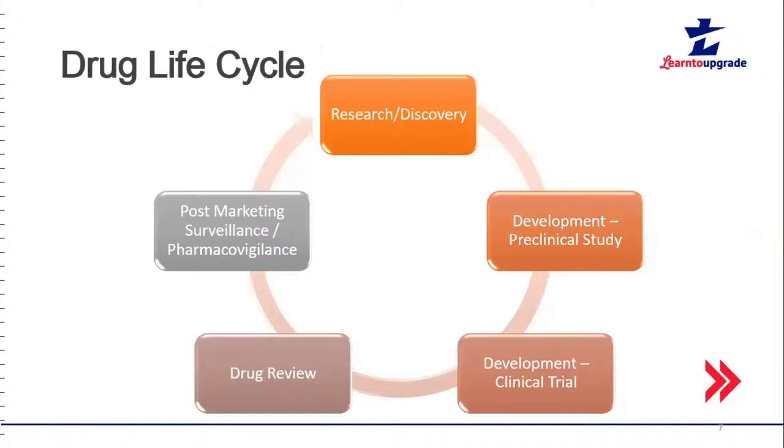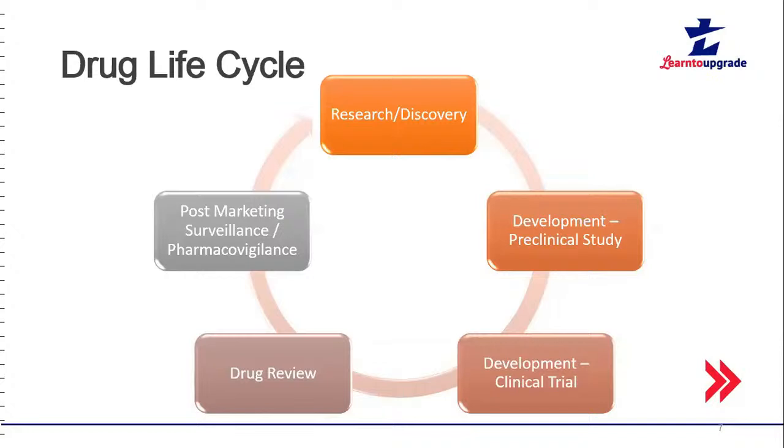So the drug life cycle starts from the drug discovery, or research and discovery, part. Here we do the discovery of new drugs. Once we have a particular lead compound or drug candidate, it goes to the development stage. The pre-development stage is called the preclinical study.